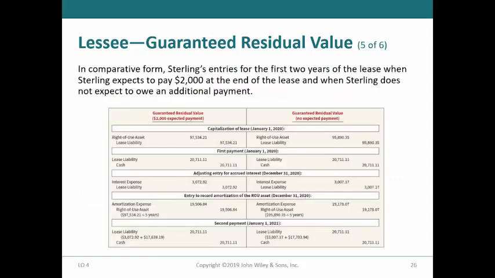$20,711.11. This slide shows the entries that would be made by Sterling with and without the $2,000 owed on the guaranteed residual value. The interest and amortization amounts are higher when the $2,000 is included because of the additional payment that will have to be made at the end of the lease. However, the lease payments are still the same.